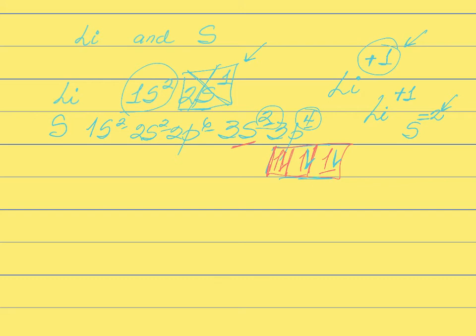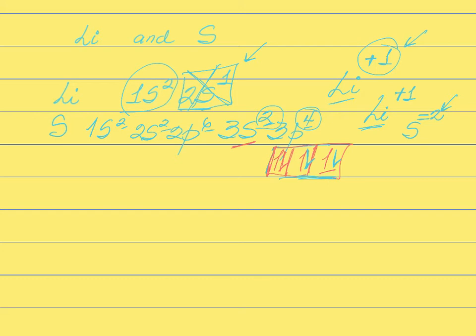The answer is yes. Okay, now we have a problem, Ms. Ramos, because instead of having 1 lithium ion to complete the p orbital of the sulfur atom, we were using 2 lithium ions.